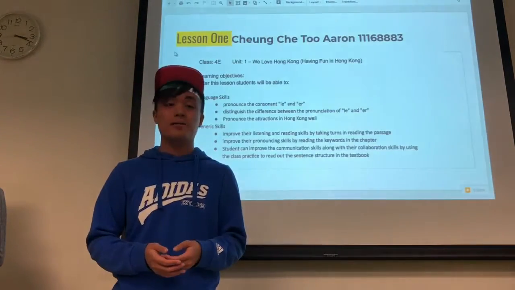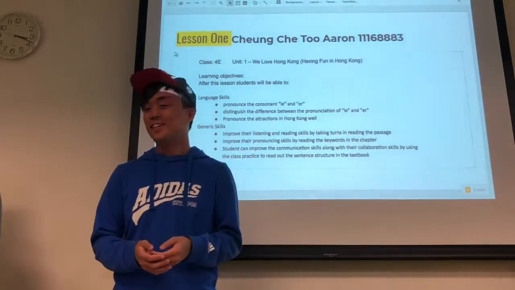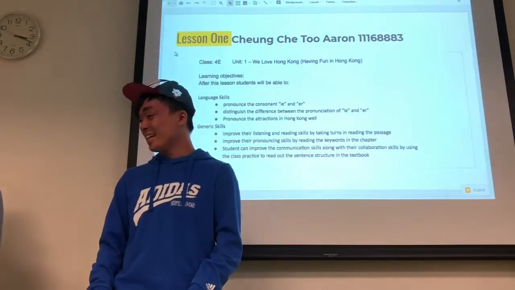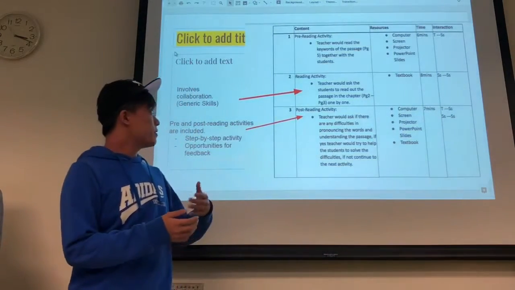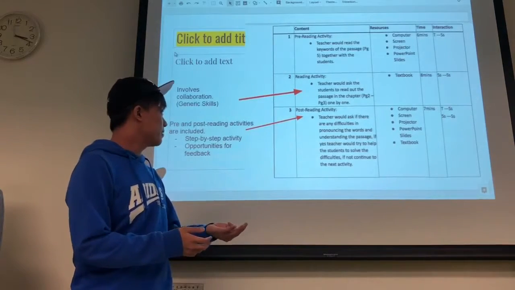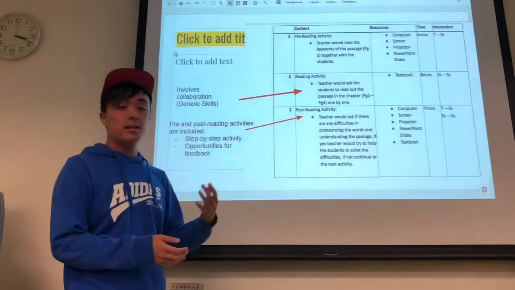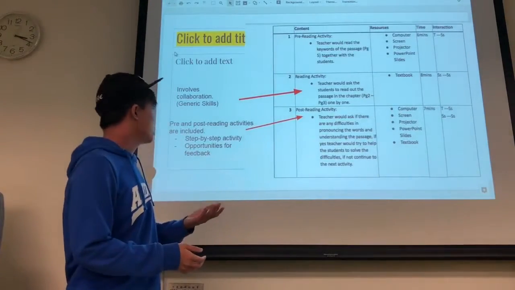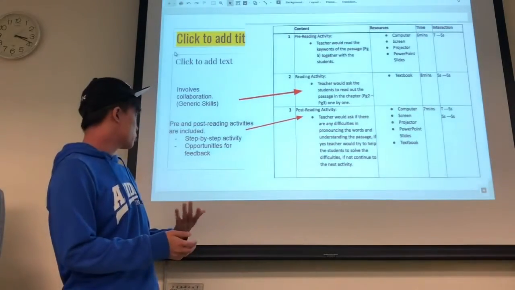So we will now talk about lesson 1, which is designed by me. I'm Aaron. Basically, the lesson involves different reading activities: pre-reading, reading, and post-reading activities. In the reading activity, they involve collaboration, which can enhance the students' generic skills, which is one of the strengths.